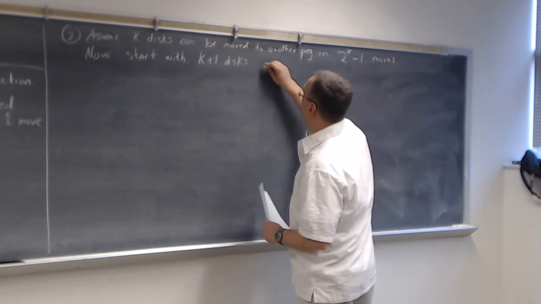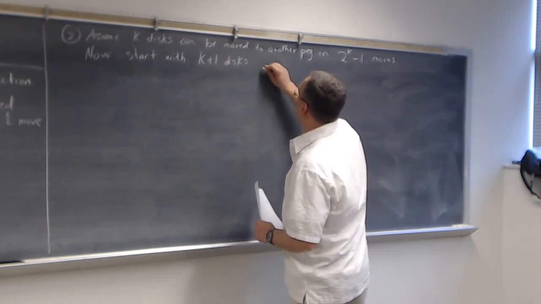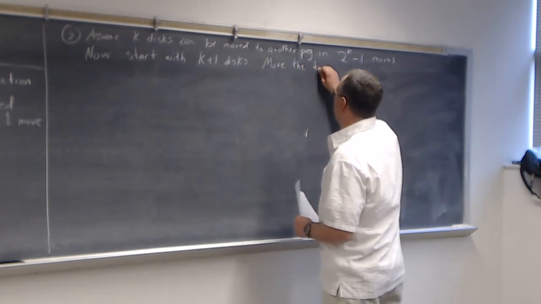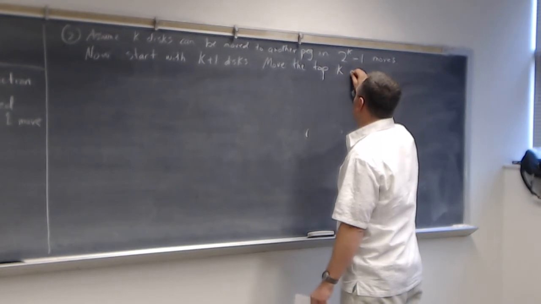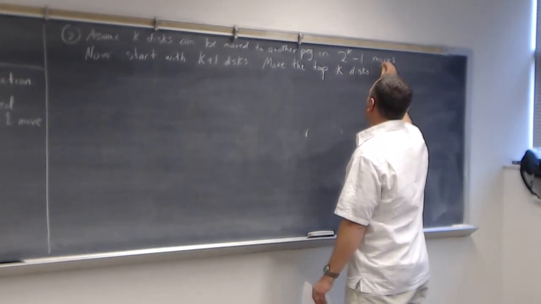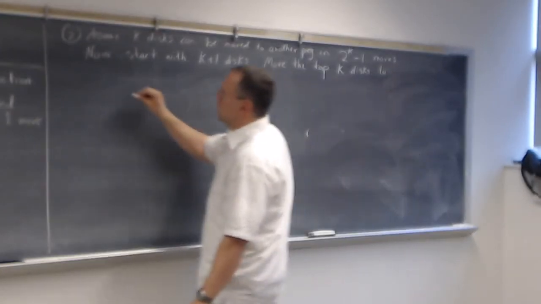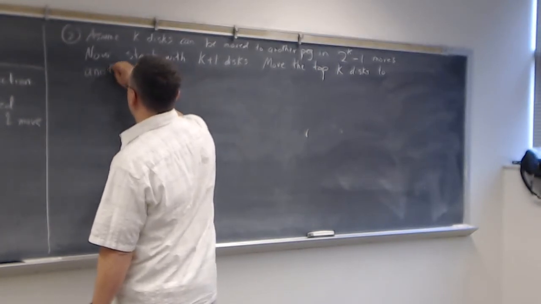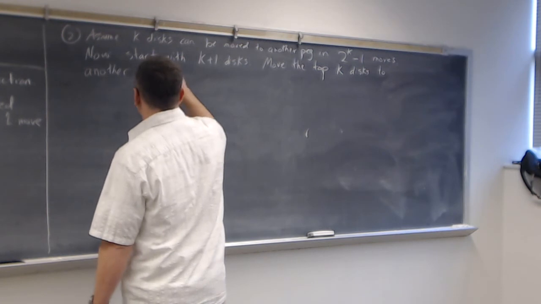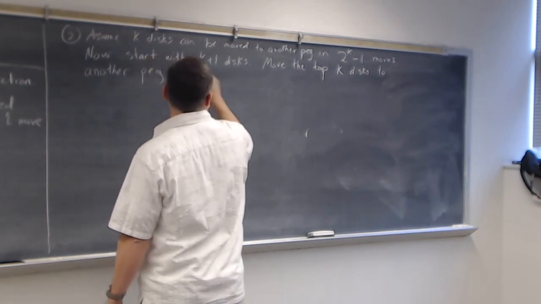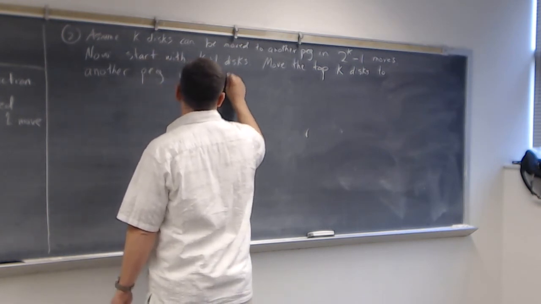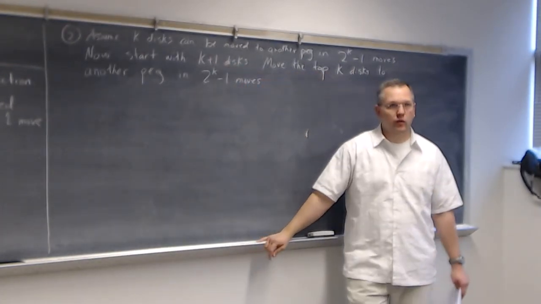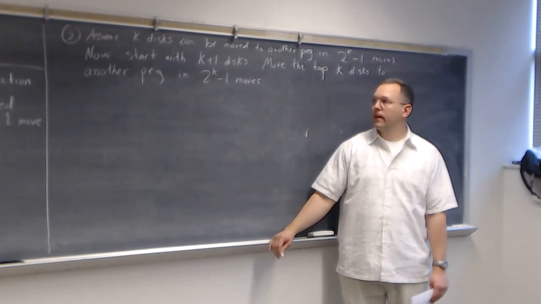So we're going to move the top k disks to another peg in 2 to the k minus 1 moves. We know we can do that because that's what we assume.